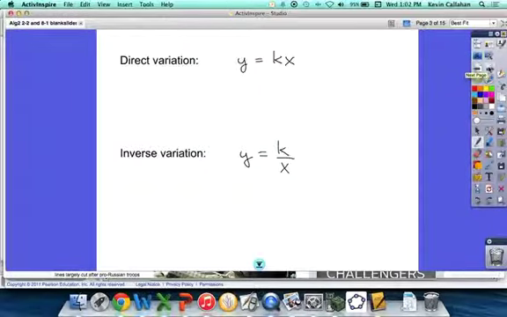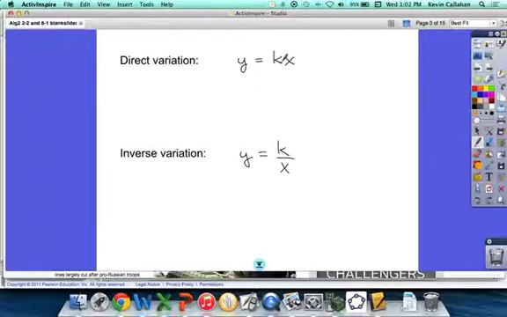So the first two kinds of variations that we deal with are called direct and inverse. And they have these formats. The direct variation is y equals k times x. In this equation, the variables are x and y. K is a constant.